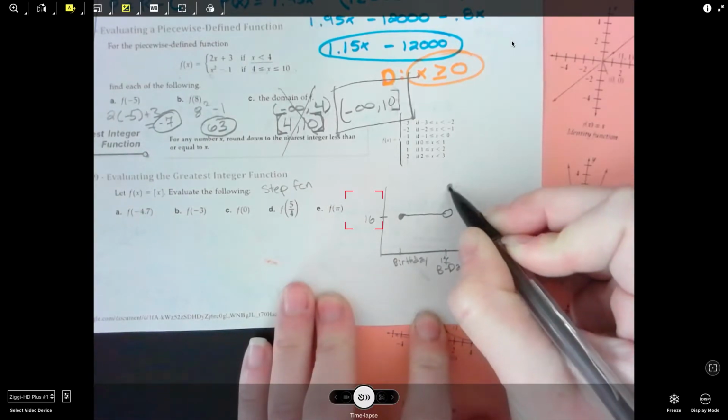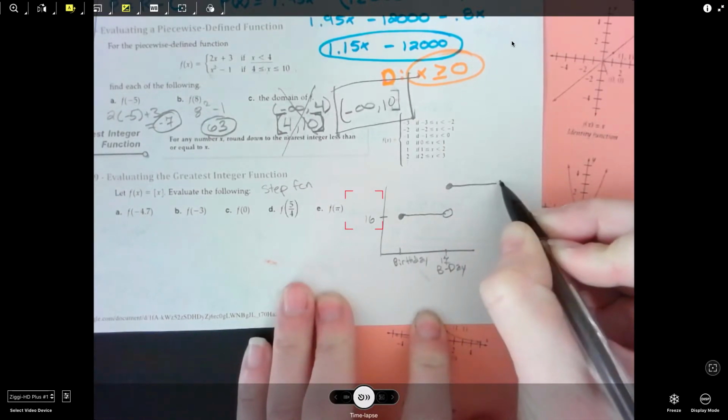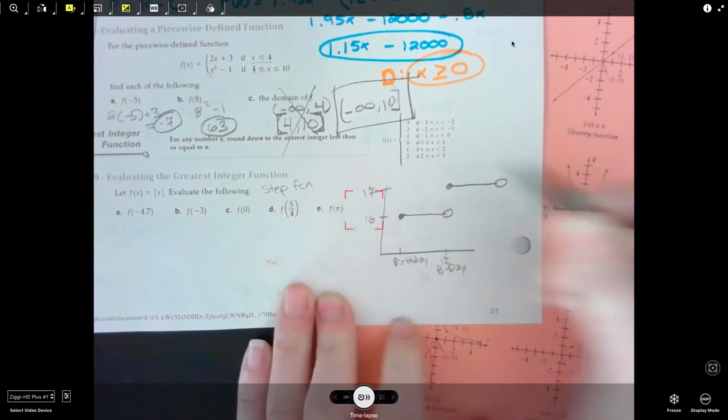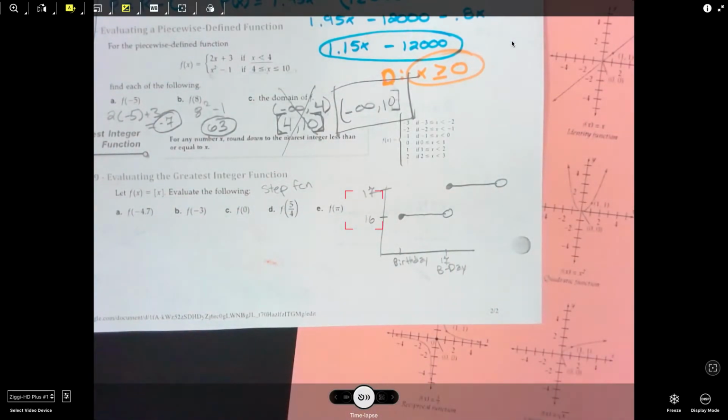And then you are going to jump up to 17 now, right? You're not going to go and tell people that you're 16 years old in 17 days or 16 years old in 47 days or whatever. You're just going to say, I'm 16, right? So you are 16 and you're 16 until you get to your 17th birthday, and then you jump up and you are 17 years old now. Does that make sense?